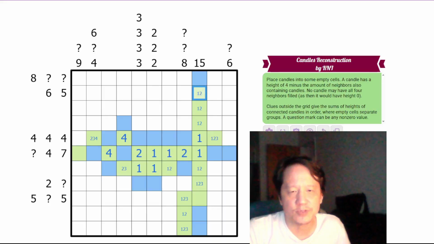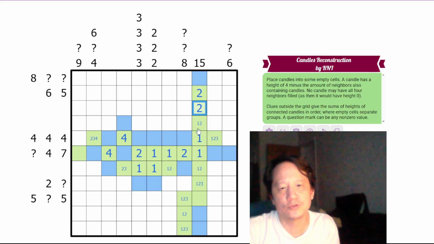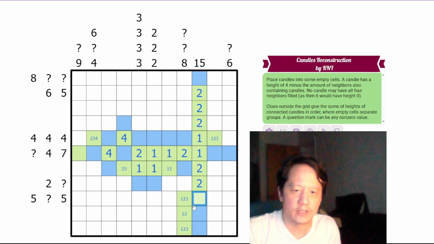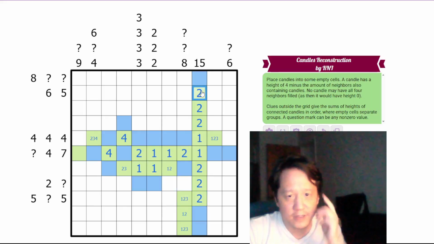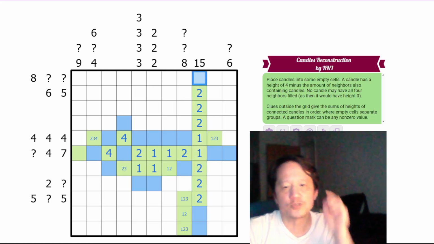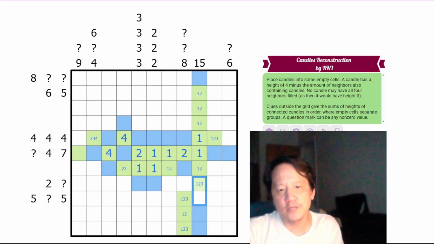what would this add up to? This would have to have one of these. So this would be at most 2, 2, 2, 2, 2, and this has 2 neighbors with candles at least, so this is at most 2. That's 6, 12, 14, which is too small. So even with this being shaded, this has to be shaded here.